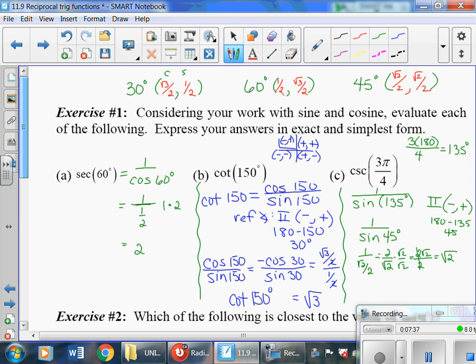Lots of simplifying there. Just like we never have a 0 in the denominator because it makes a function undefined, you should also never have a radical in the denominator. So if you need to pause, rewind, do it now before we move on to exercise 2.